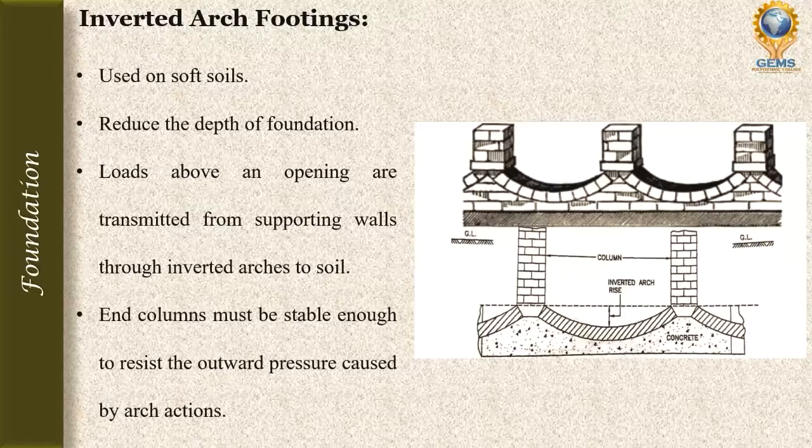The loads above an opening are transmitted from supporting walls through inverted arches to the soil. See here, this is the column and this is our inverted arch footing. So the loads above an opening are transmitted from supporting walls through the inverted arch footing to the soil.